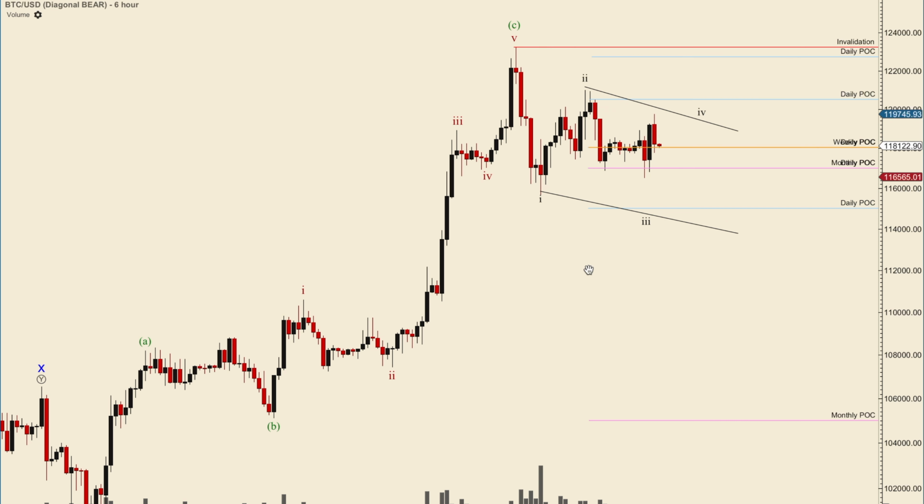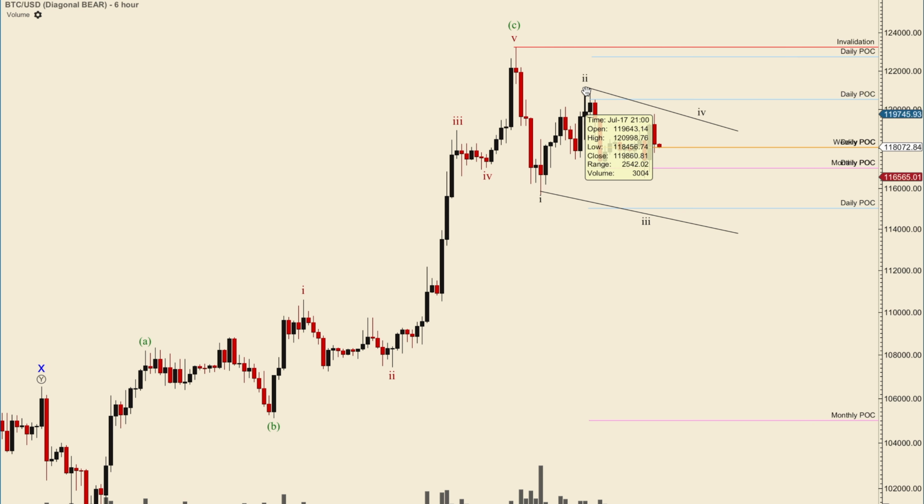But this doesn't really have the highest probabilities as well. And the invalidation here is basically taking out the start. I mean, we could end it here, but then we could count it like 1, 2, 3, 4, like a bigger diagonal. So it's more safe to have this as an invalidation, even though you can argue to have the invalidation here.